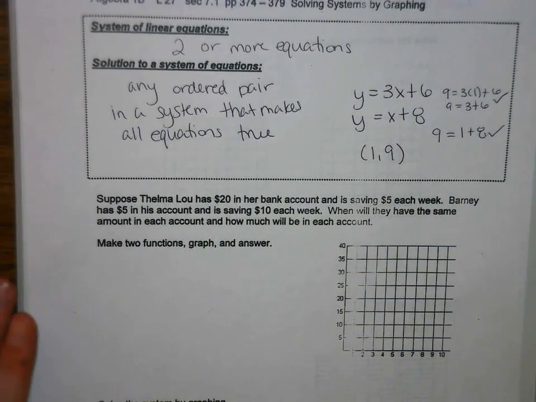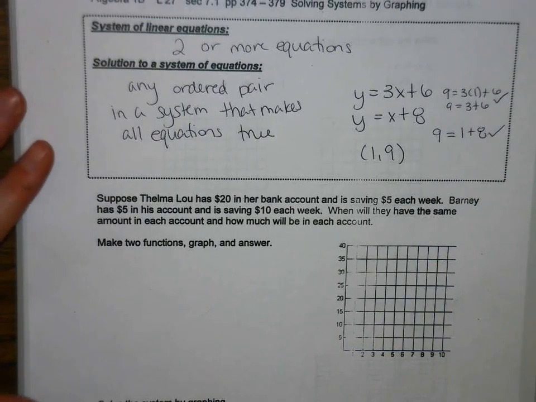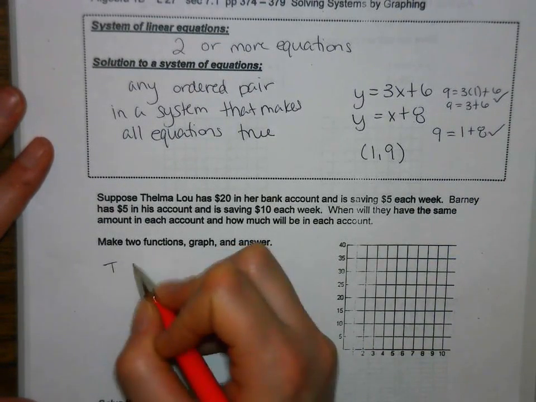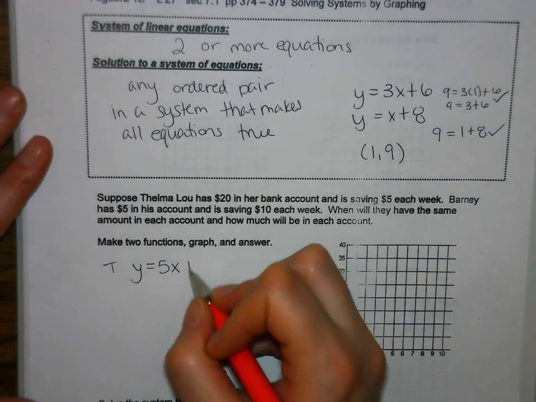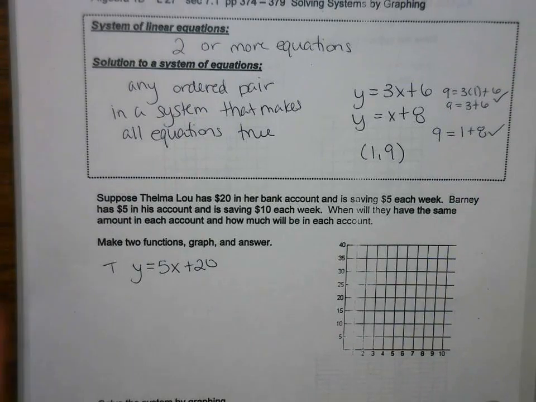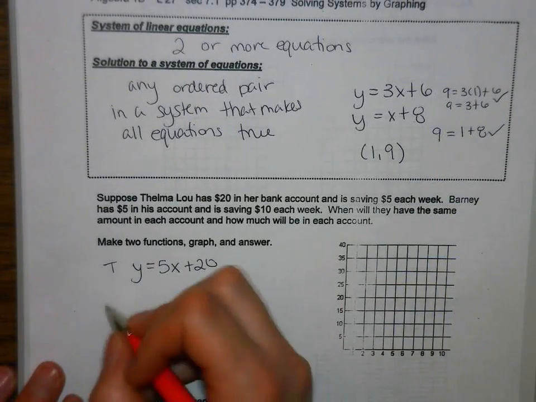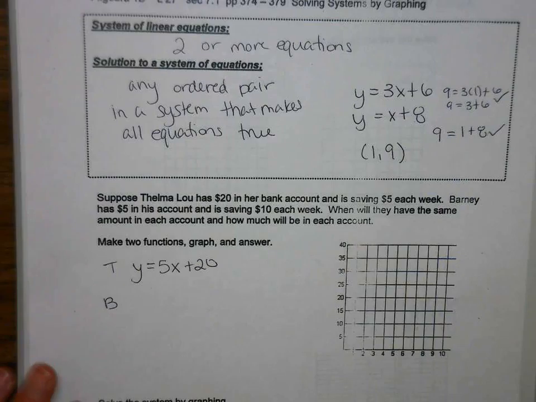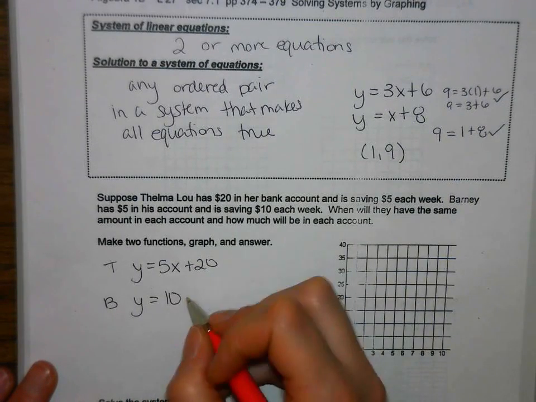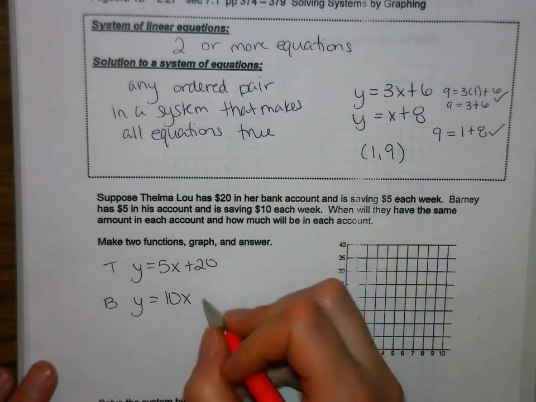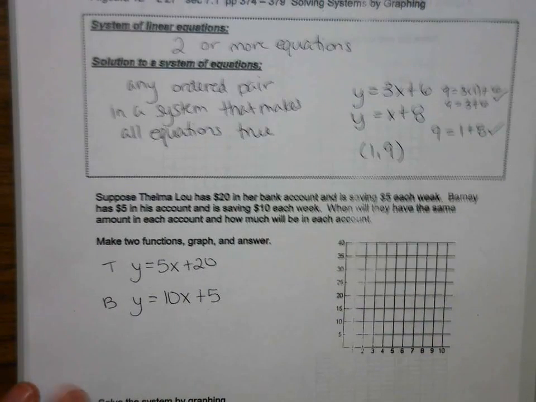Let's look at this example. Suppose that Thelma Lou has $20 in a bank account and is saving $5 every week. So Thelma is putting in $5 each week, but she already started with $20. Barney has $5 in his account and he adds $10 each week. So his equation is when he has $10 and he adds it each week, but he started with 5.